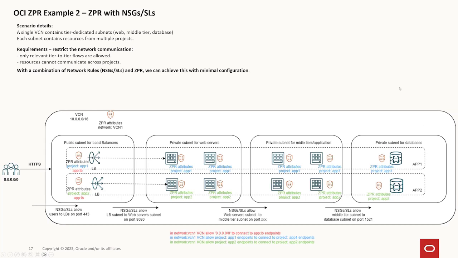Now, what would be some real-world examples for this, project-based restrictions? Let's say you are an ISV, you have an application template, right? You have a template that you want to deploy for multiple clients. And instead of creating new VCNs for each client, you have one single VCN and you apply the template for each new client, but with Zipper attributes.